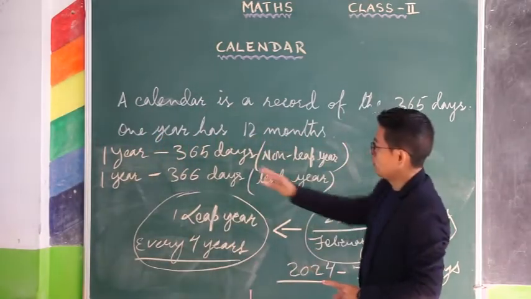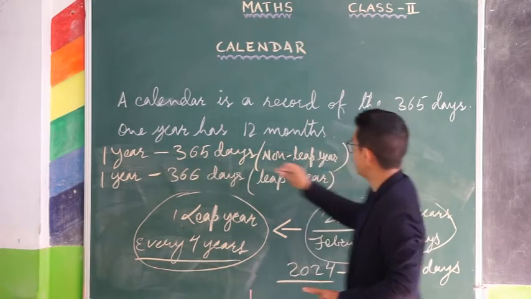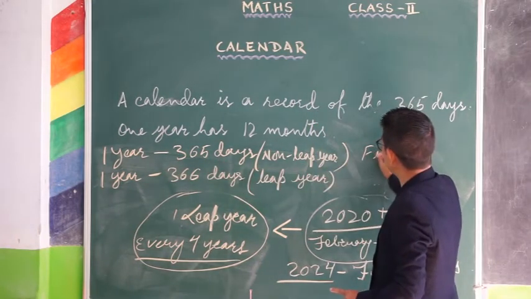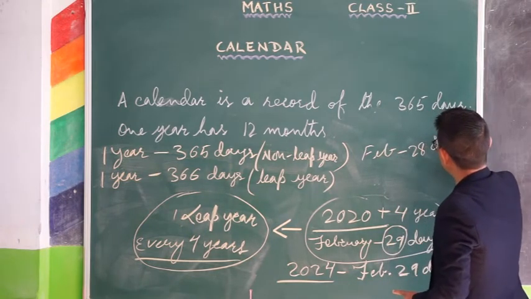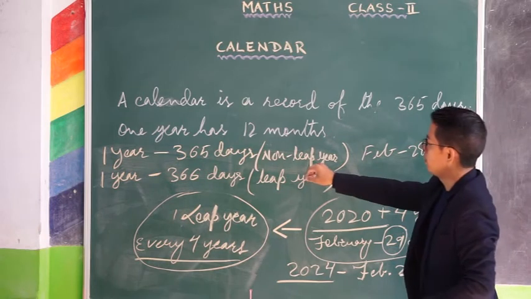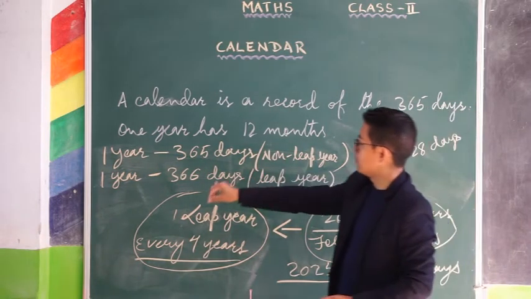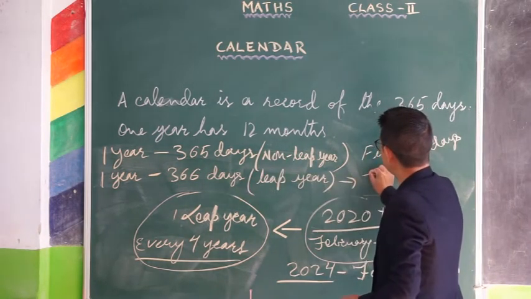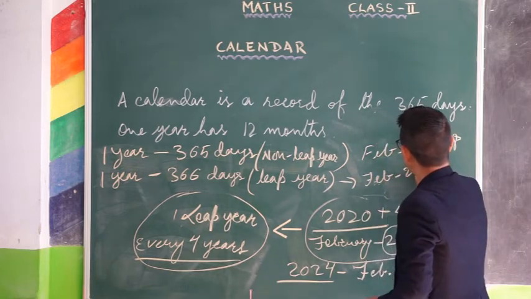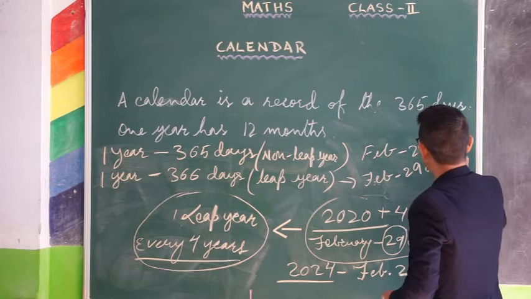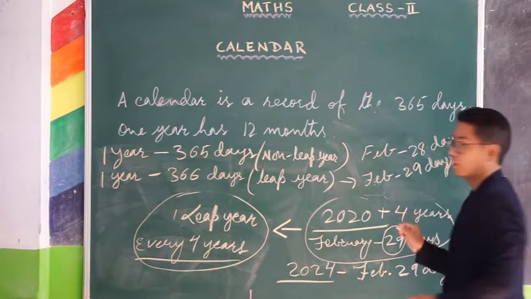Okay? So in 365 days, February month has only 28 days in a non-leap year. So in leap year, February month has 29 days. Okay?